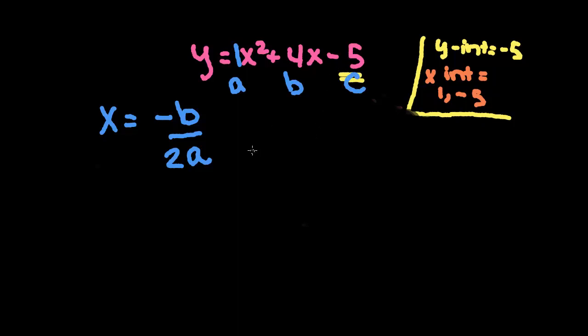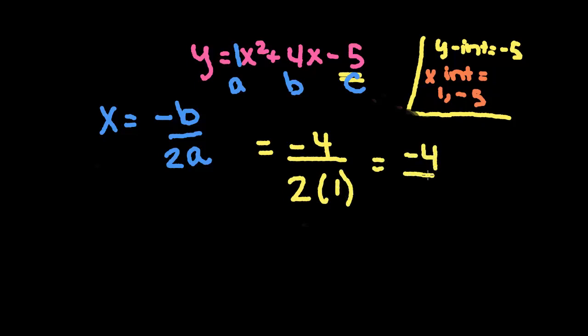So applying that here, I would have negative b, so that's negative 4, over 2 times a, which is 1. So I get negative 4 over 2, which is a negative 2.